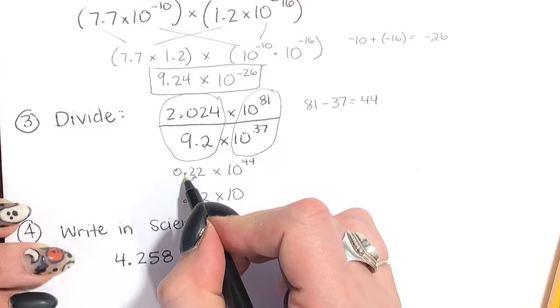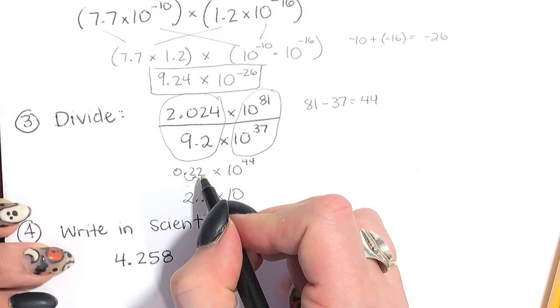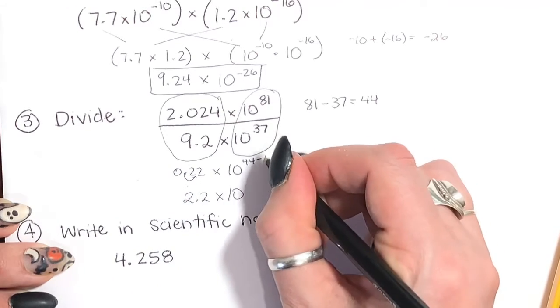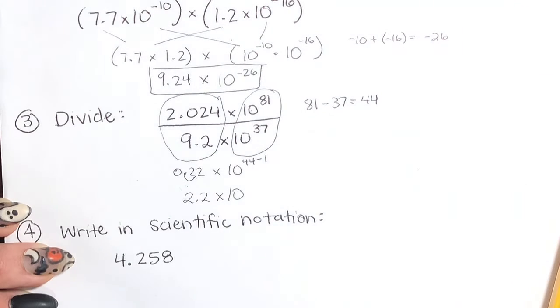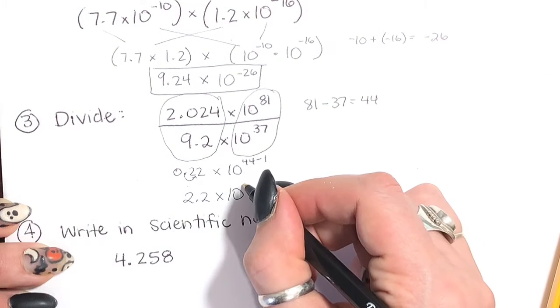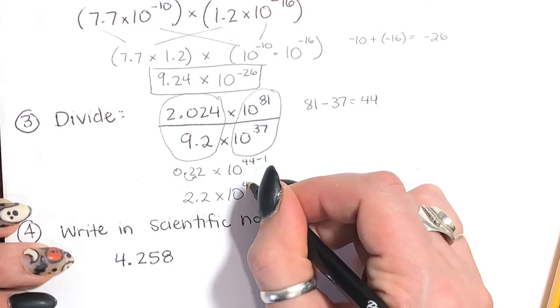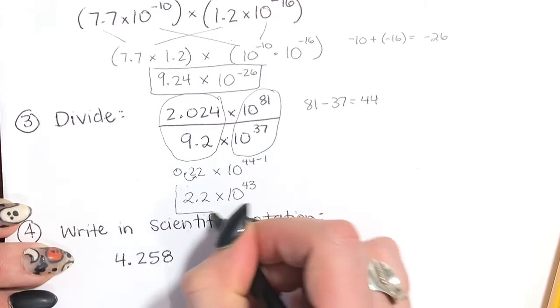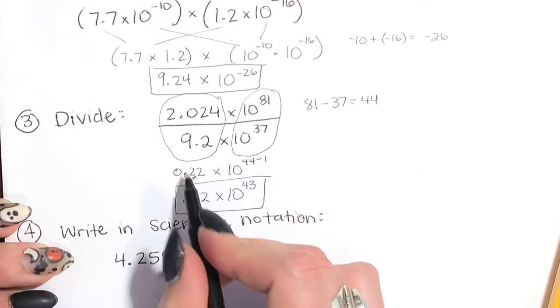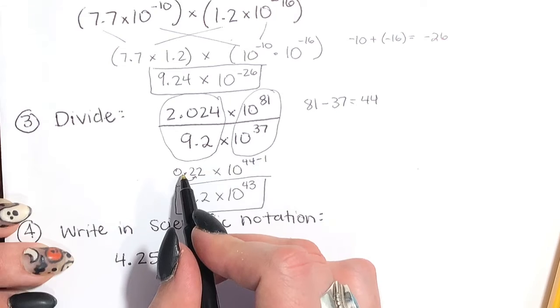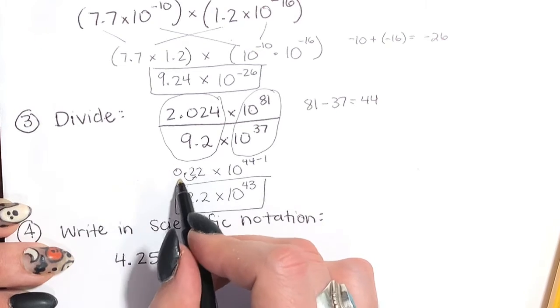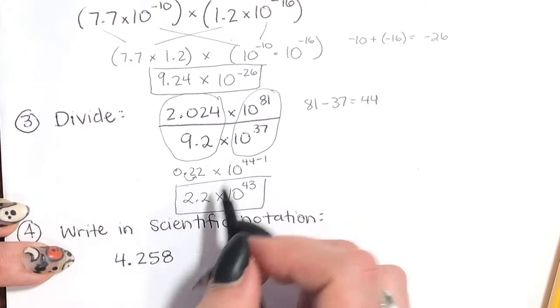But because I moved it one place to the right, I need to subtract 1 from my exponent to keep it balanced. So 44 minus 1 is going to be a power of 43. And now it's in the correct format. So remember, if that happens where this number is not between 1 and 9 and doesn't have only one digit in the front, you need to adjust your decimal again.